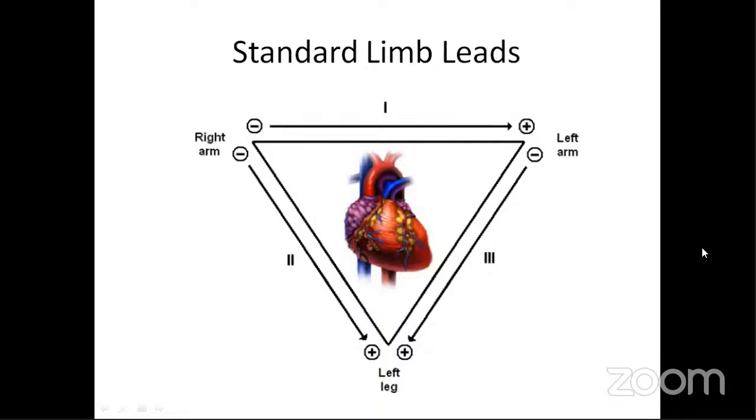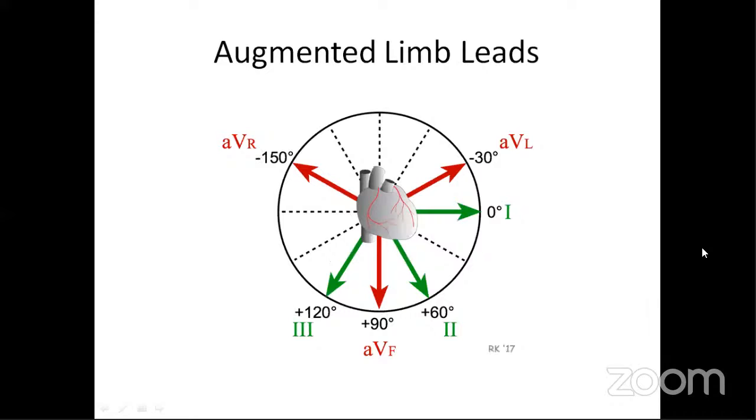And the augmented limb leads are AVR, AVL, and AVF, used to get the ECG signal at these different angles. So here again it is about the first lead, second lead, and third lead.